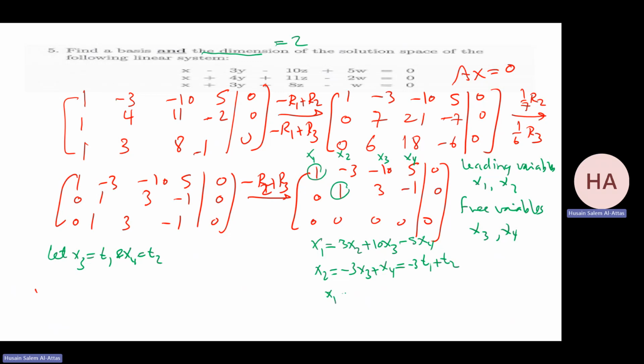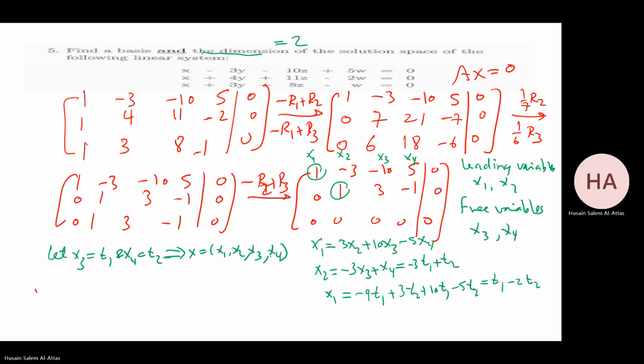And that will give me x1 equals 3x2, which is minus 9t1 plus 3t2 plus 10t1 minus 5t2. So that gives me what? t1 minus 2t2. So my vector x, which is x1, x2, x3, x4, will be equal to, let me list it.